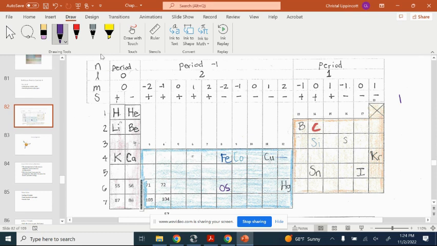I'm going to go up until I get to my first row here, and that tells me what my n value is. n is period minus 1. So for osmium, my period is 6. 6 minus 1 is 5. And then I just move down. This is a 2, a -2, and a minus. So that's the quantum number for osmium.